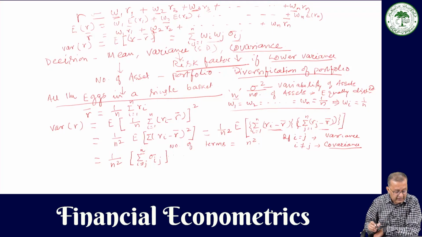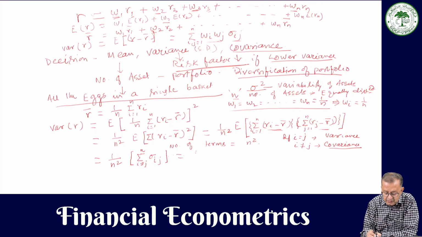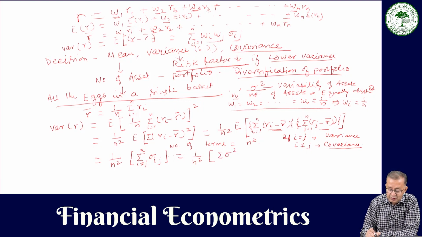So i, j is equal to 1 to n. This can further be split into variance and covariance. If i is equal to j, then this can be written as sigma square, plus if i is not equal to j, then this can be written as sigma ij. Clear?